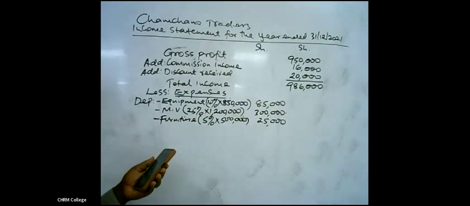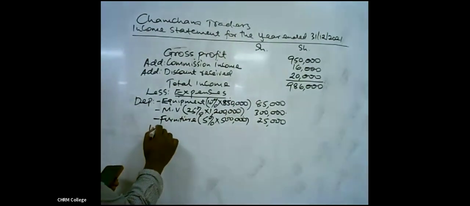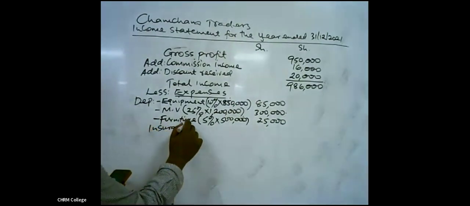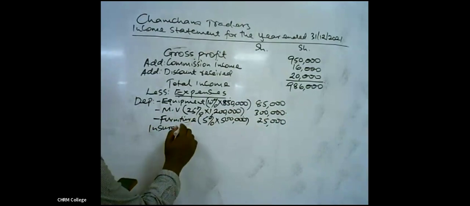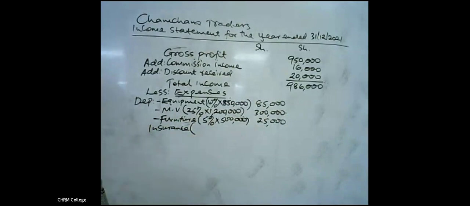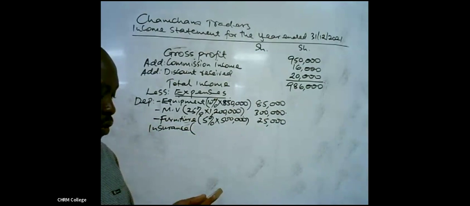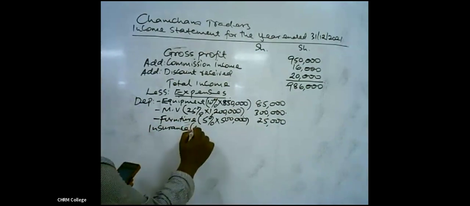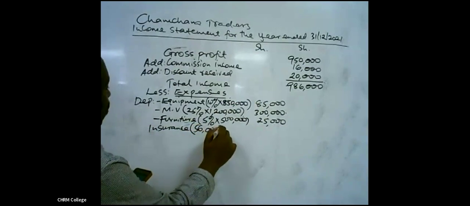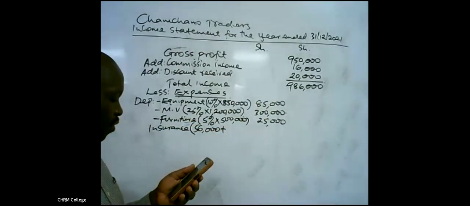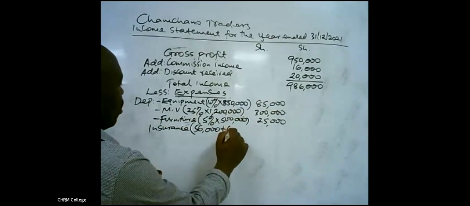Then Roman 2, insurance requires adjustment and it is due. Due means that we have not paid, and that amount is not included in what we have as insurance. Remember, insurance, we are given a figure of 56,000. Then there is 6,000 that is yet to be paid.